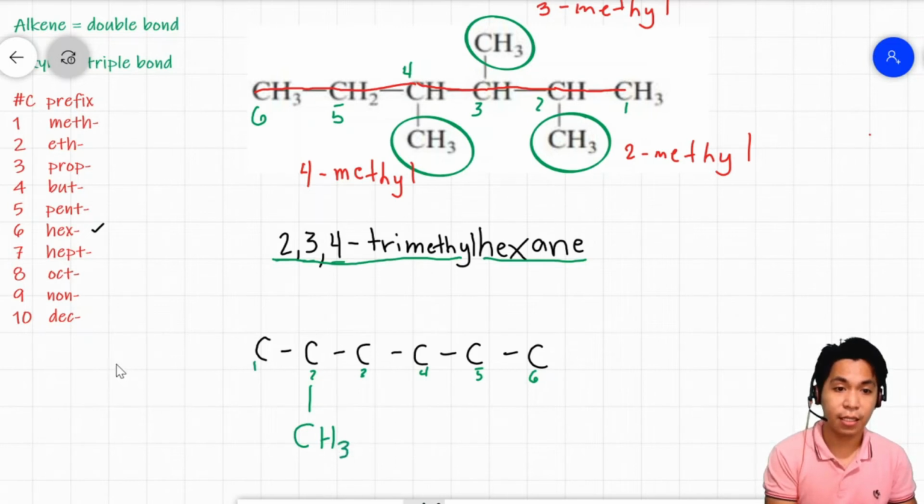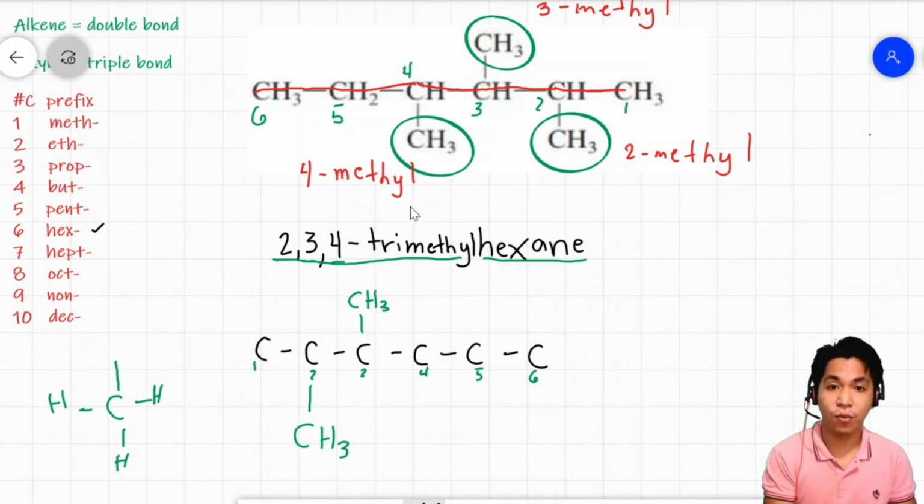CH3 is simply a carbon attached to 3 hydrogen atoms. So the condensed form of this is CH3. And then we also have one at carbon number 3, which is CH3 again. And then we have another one at carbon number 4, which is CH3.